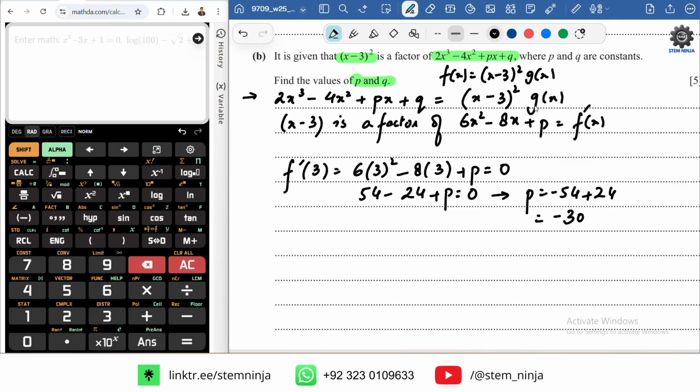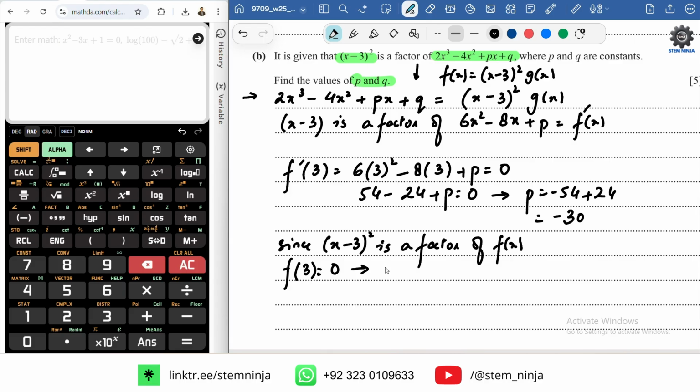So q can also be found by doing the following. Since (x minus 3) whole squared is a factor of f of x, then that means f of 3 would also be 0.